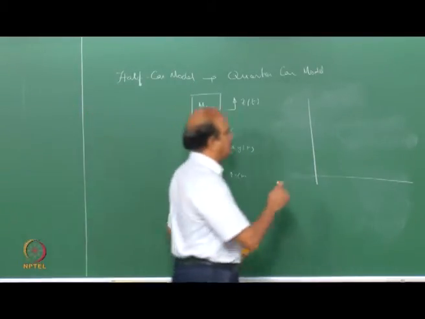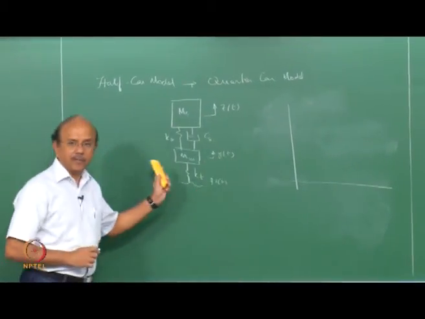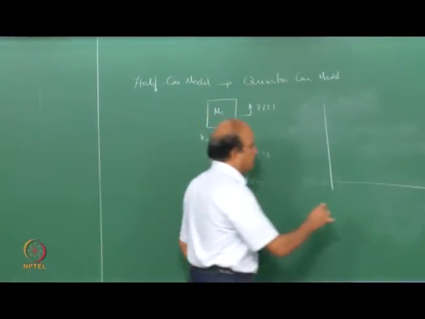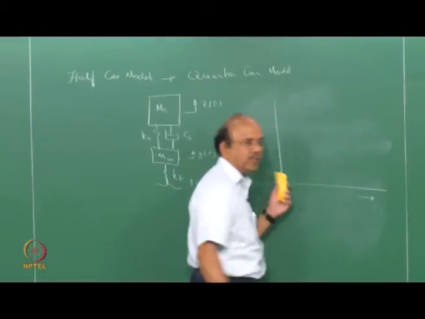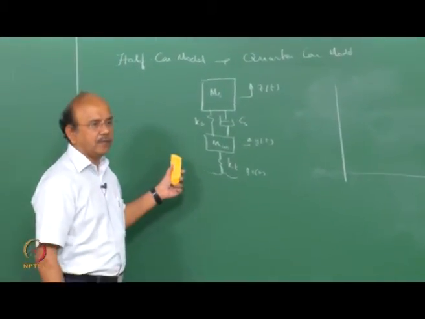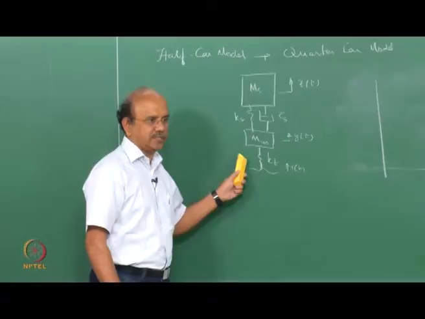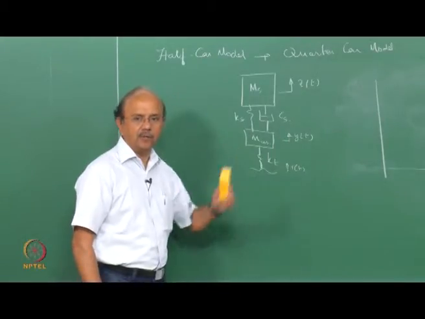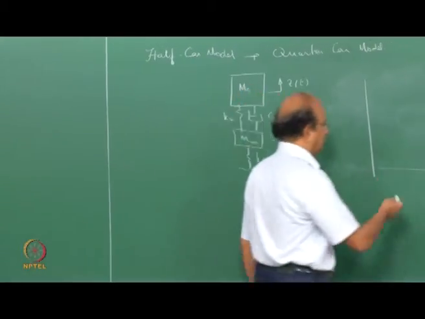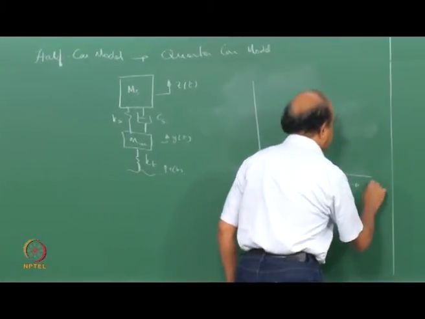Now, why am I deriving it? That's why I'm plotting this here. Suppose I do the derivation of a free vibration system, where I find out what would be the Z, or transmissibility.